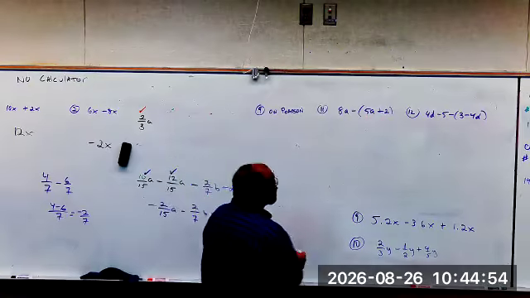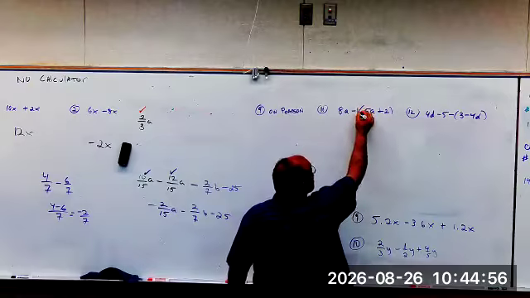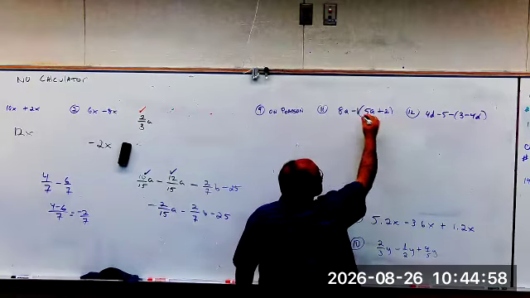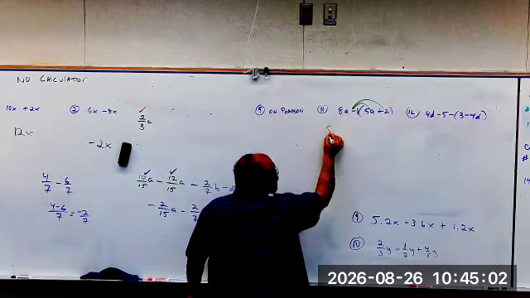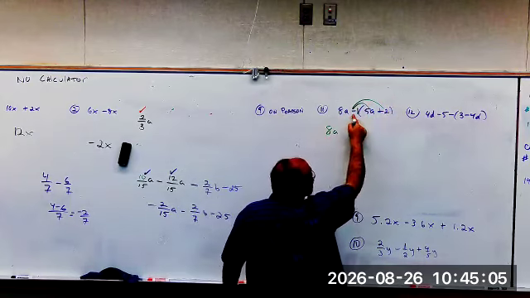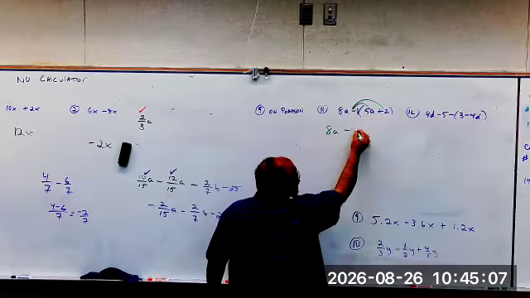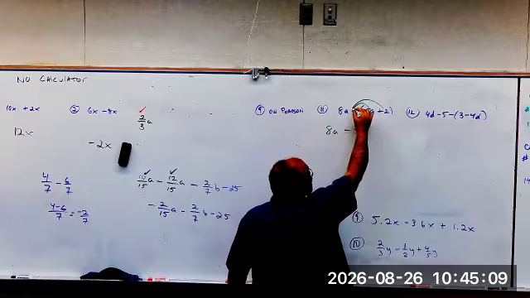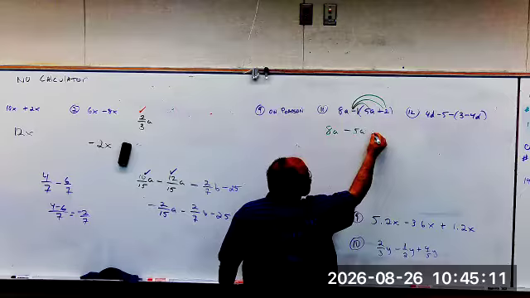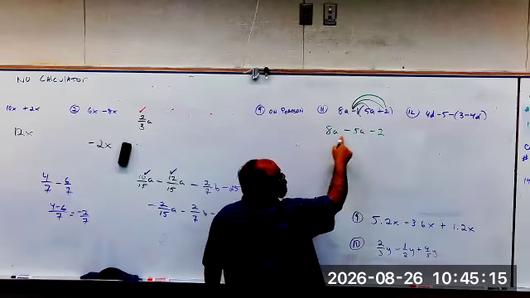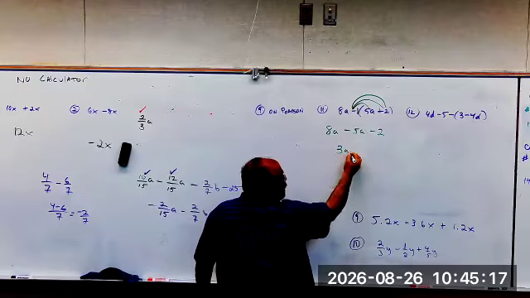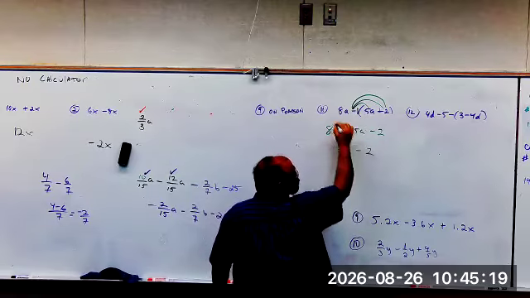It's like having a -1 times the parentheses, so you distribute the negative. So you're going to end up with 8A, -1 times 5A is -5A, and -1 times +2 is now -2. 8A minus 5A is 3A, and then a -2.